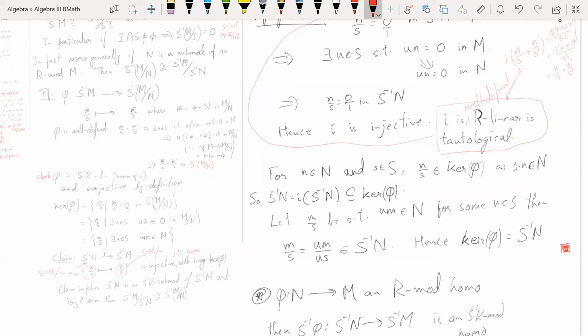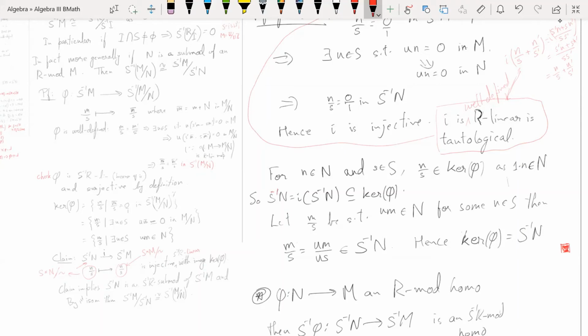Because what is the description of the kernel of phi? It is m over s, where m is an element of M, such that u times m belongs to N for some u in S. So you can take u to be 1.